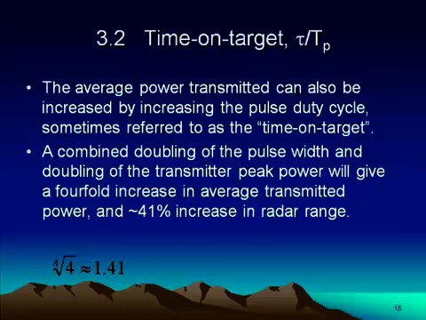That means you are going to transmit the power for a longer time towards the target. A combined doubling of the pulse width and doubling of the transmitter power will give a fourfold increase in the average transmitted power. Even with this, the improvement in the radar range is going to be only about 41%.